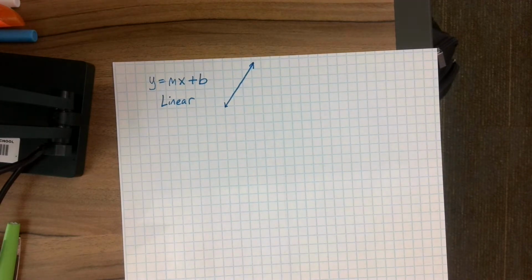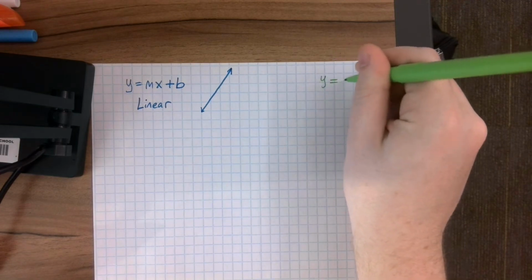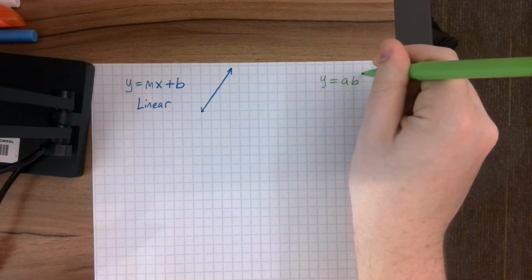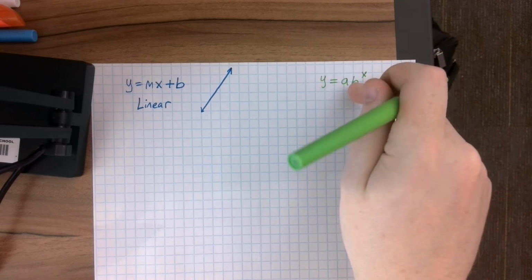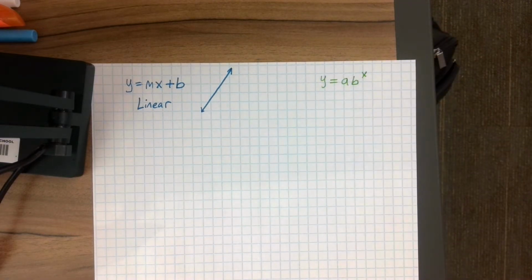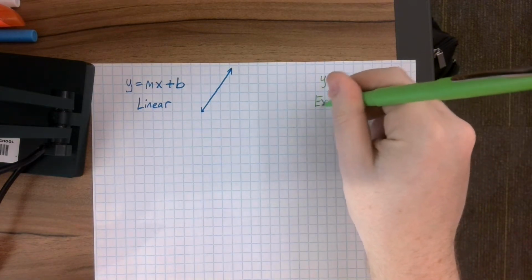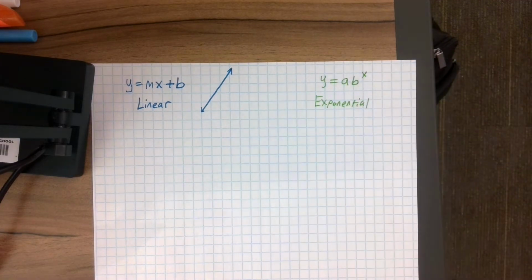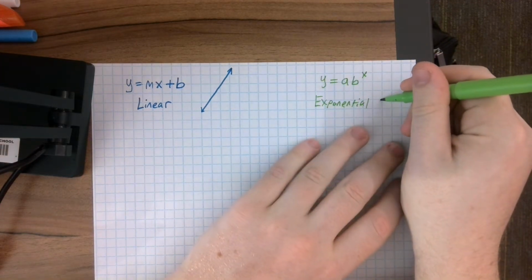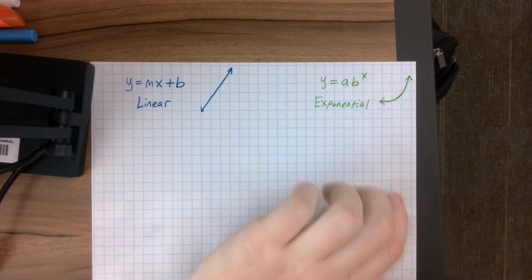So we know how to do that. We've also learned another form: y equals ab to the x, where a is your y-intercept and b is your growth factor. This was our exponential. And the exponential, when we graphed it, looks like a curve, something like this.